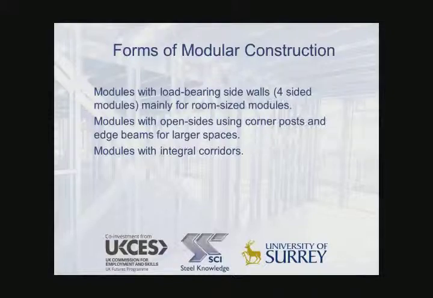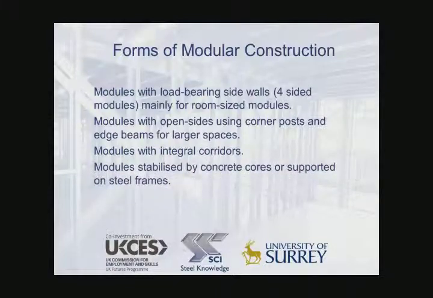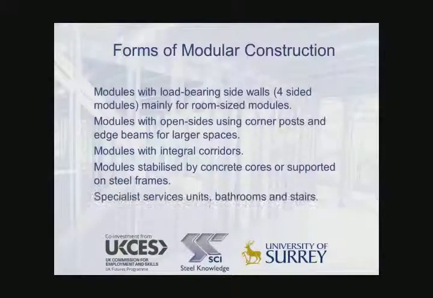And it's also possible to produce modules that are very long, combining two rooms with an integral corridor. Modules may be stabilized by concrete cores or supported on steel frames, particularly in high-rise applications. And there's also a big market for specialized services units, bathrooms and stairs.